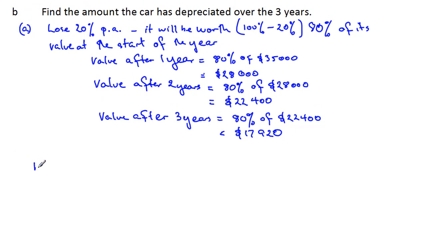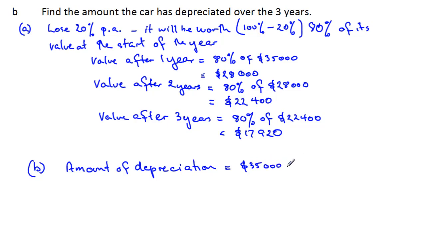Now, question B asked, find the amount the car has depreciated altogether. The amount of depreciation, sort of like the reverse of interest, is what you started with, $35,000, take away what it's worth, $17,920.